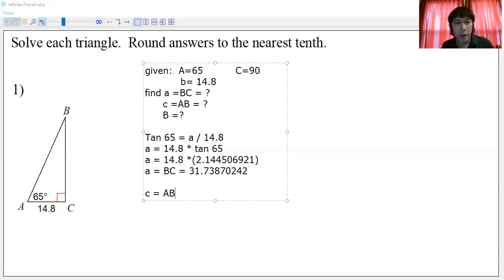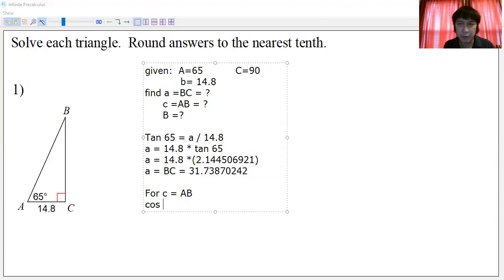Now the appropriate formula for this, we may use the cosine to solve for c. We can use the cosine function, and it looks like this.